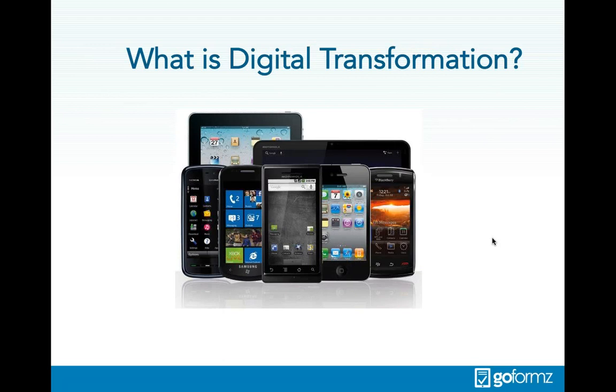I know I do a lot of my work on the train while commuting to the office from my iPad or iPhone. So making the transformation to allow employees to do their work from wherever they are, whether it's out in the field. If you're a construction company, maybe you have employees out in the field that need to take pictures and update documents from their mobile devices, or maybe you have employees out in the field doing inspections and you want to give them access to be able to easily manage this.